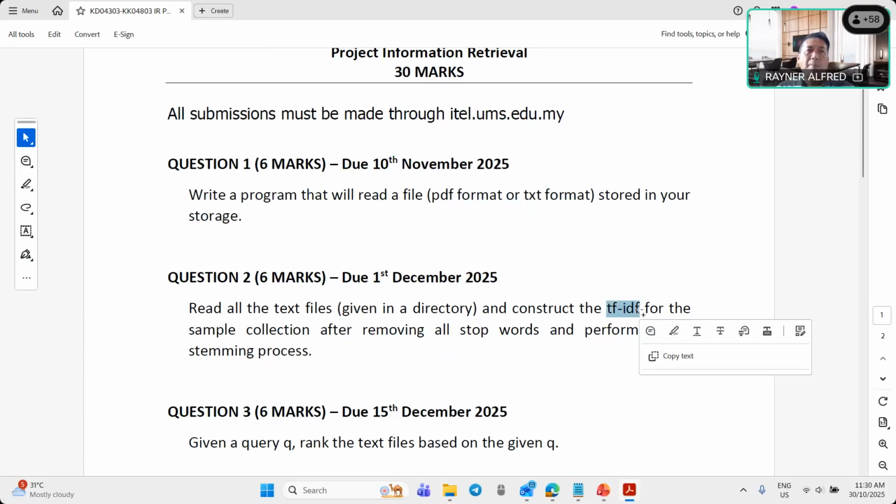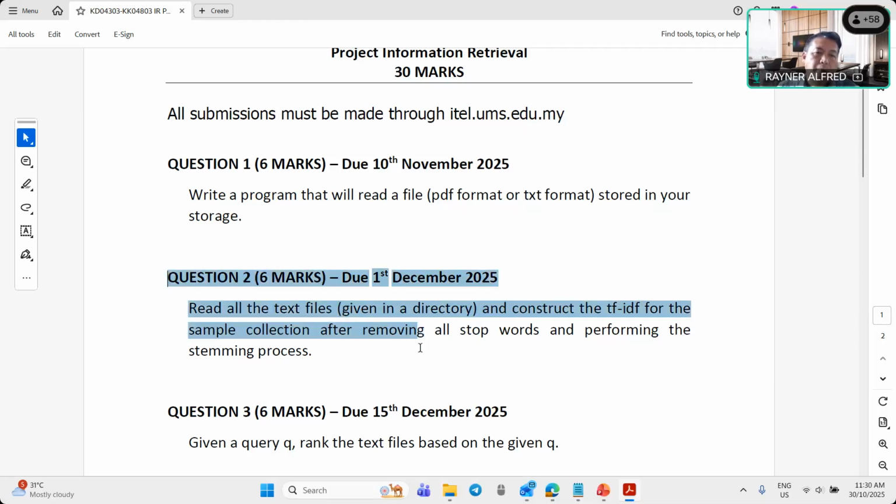You need to apply the formula that we have learned today. For each term that you have, you need to count how many times it exists in each document, and then compute the IDF. Then you construct the TF-IDF, and finally you need to normalize them. So that is question number 2.